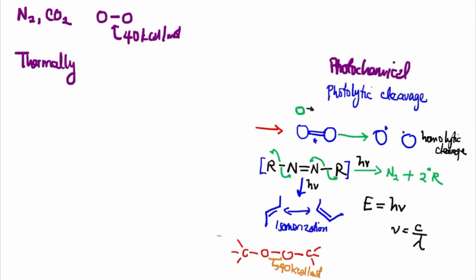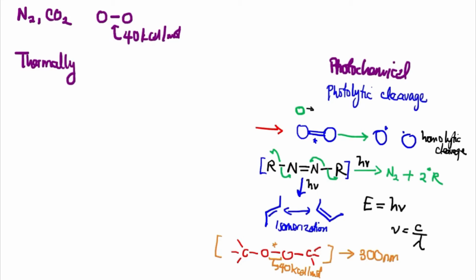Take note that this molecule must absorb at 300 nanometers, which is a high energy in a way. So this molecule must absorb this particular wavelength, which is the energy, instead of less than 700 nanometers. Once this molecule overcomes this energy, the bond can cleave to form our two radicals.